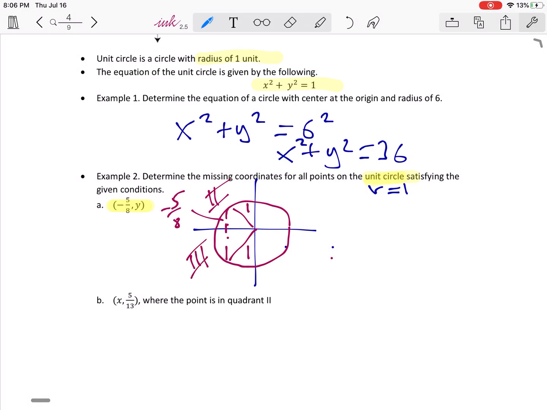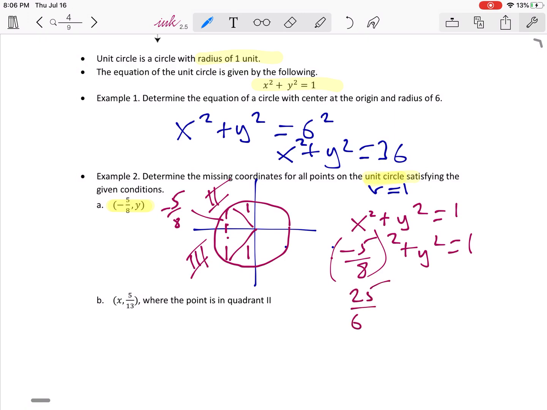So now what we do is we just use Pythagoras, right? We've got x squared plus y squared equals 1. And so x is going to be negative 5 over 8. So that's going to be 25 over 64 plus y squared equals 1.